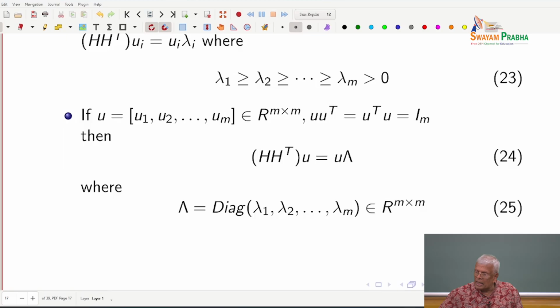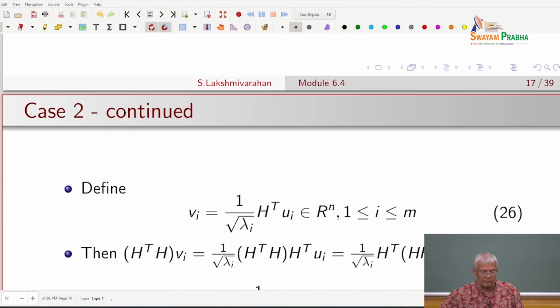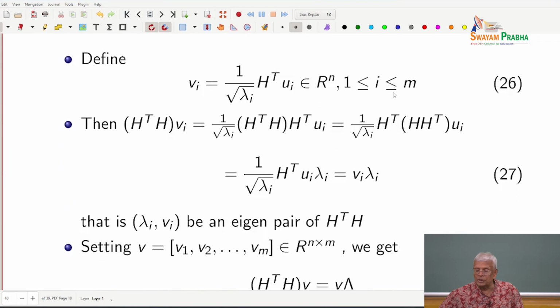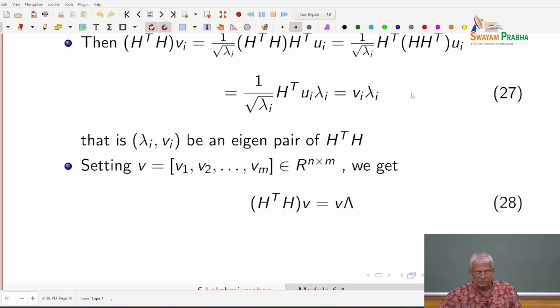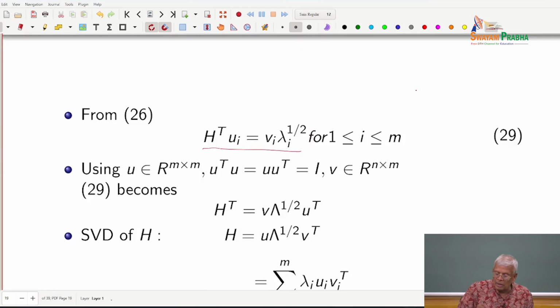U is the eigenvectors of the larger Gramian coming from the linear transformation. 24 expresses the eigen decomposition of the larger Gramian. Again 26 relates Vi to Ui, which is the reverse of the previous case. So that essentially gives you the Gramian H transpose H, which is the larger of the 2 Gramian. So the new relation, the SVD, is given by 29.